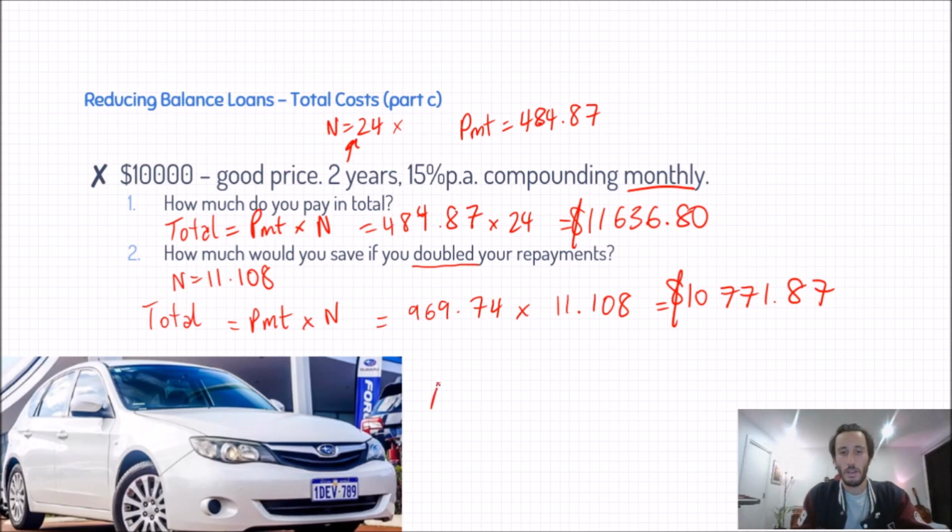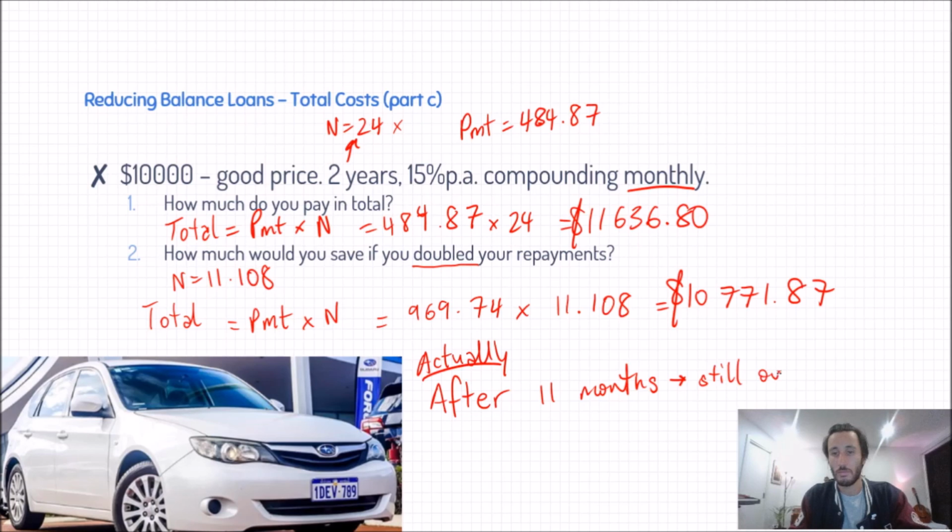So after 11 months, I'm going to write here, because this is the subtle point, after 11 months, we still owe $104.77. Now, why this is subtle is that $104.77 gains interest in that final month.